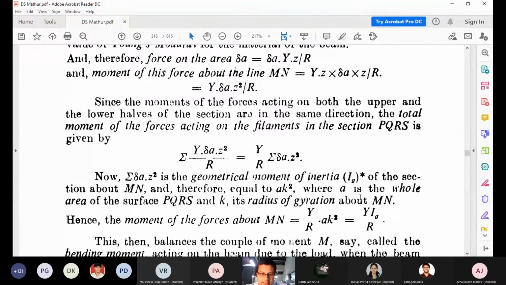But for now, take this in your mind: the summation of delta A z square is the geometrical moment of inertia of this particular section Mn, and it is A K square. Now A is the whole area of the surface PQRS and K is the radius of gyration about Mn.